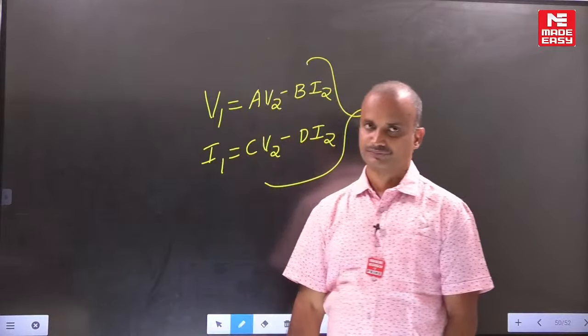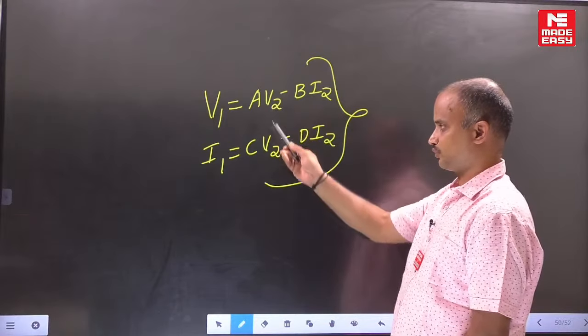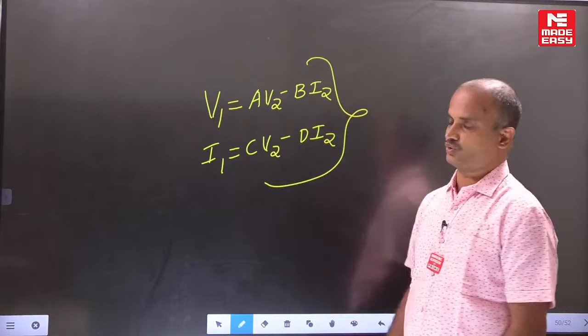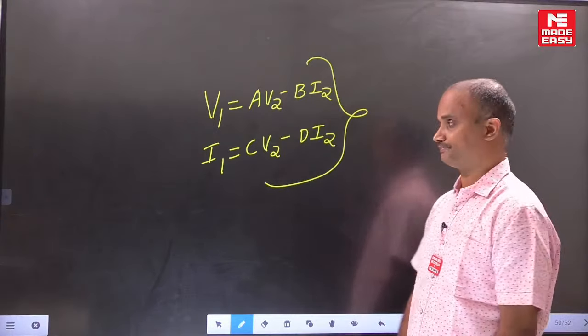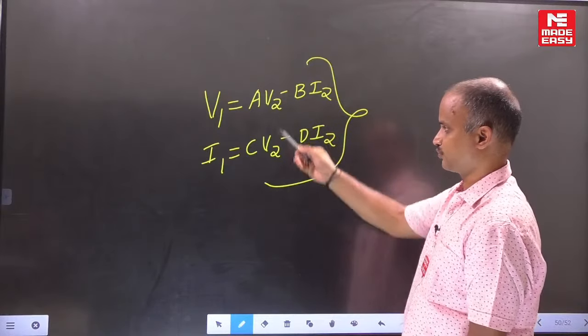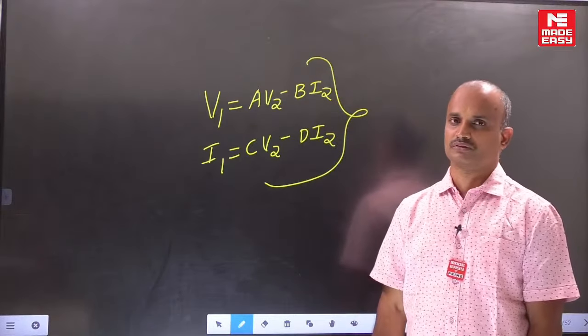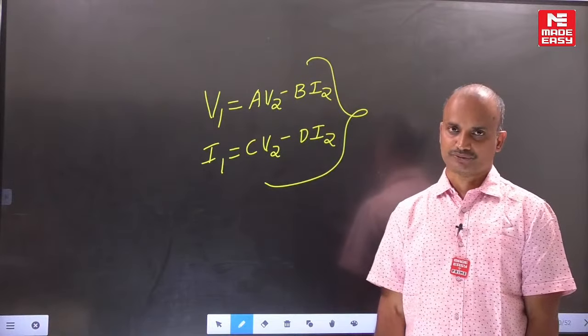One approach to find A and C is to make I2 equal 0. I2 equal 0 means the output is open circuited. And to find the other two parameters B and D, V2 should be equal to 0. V2 equal 0 means the output is short circuited. That is one approach.